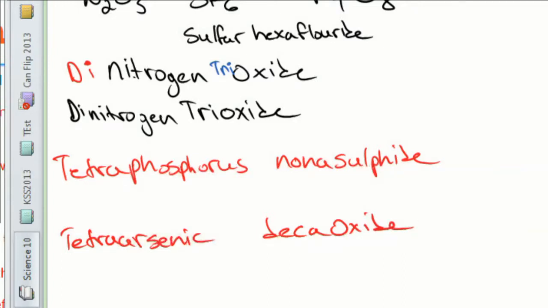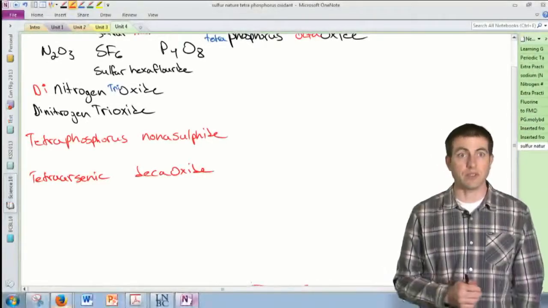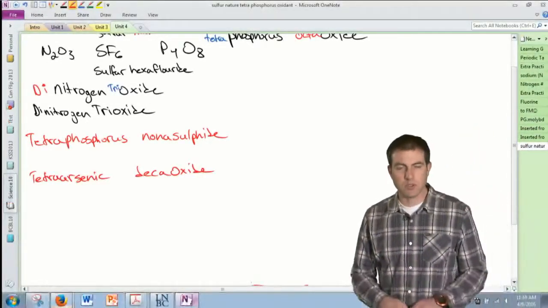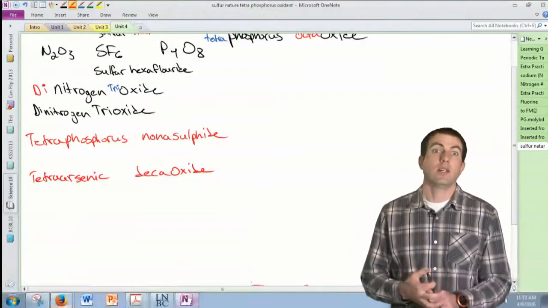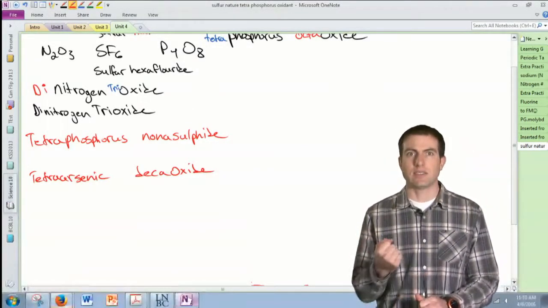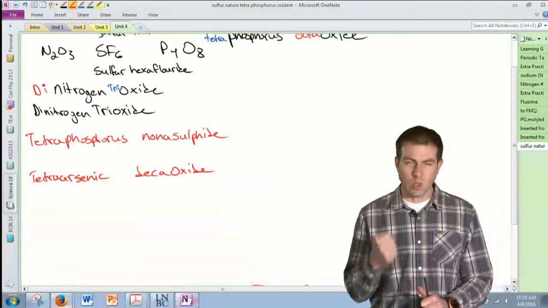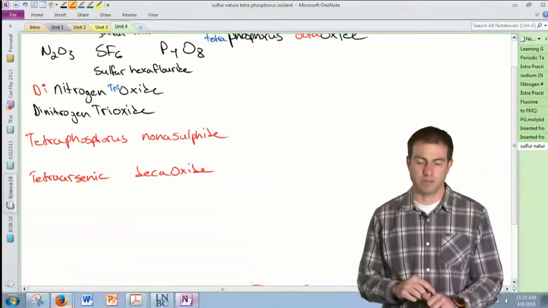So again, these things are gifts. When somebody says, hey, what's the chemical formula for tetraphosphorus nona sulfide? Hopefully you're like, yes, covalent compound, so easy. Don't even need to look it up.